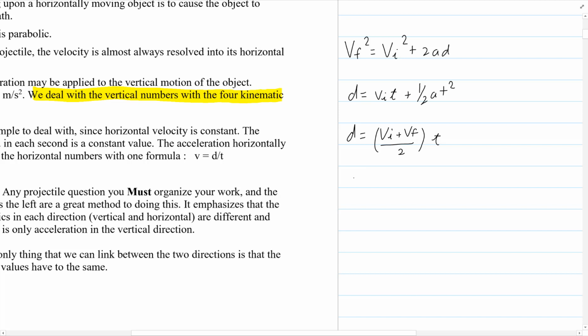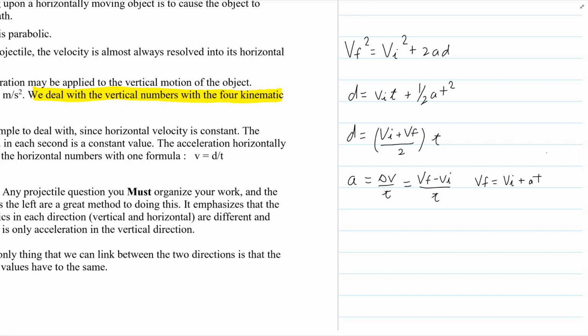And the last one is the definition of acceleration. Acceleration is the change in velocity over time, which can be better written as Vf minus Vi all over t. And the best way to rearrange it is Vf equals Vi plus At. That's the same formula written several different ways.